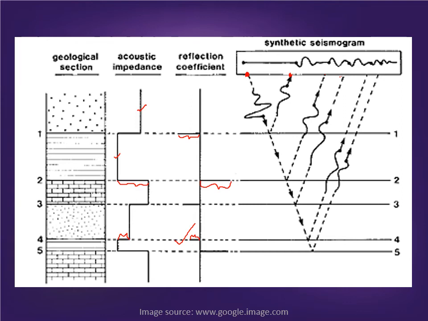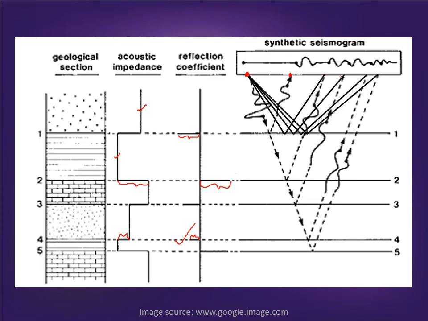Again, some amount of wave is reflected back to the surface, and some amount goes to the deeper part. In this way, reflection of any incoming wave occurs from different interfaces of layers, and these reflections are recorded in the surface receptors or geophones.